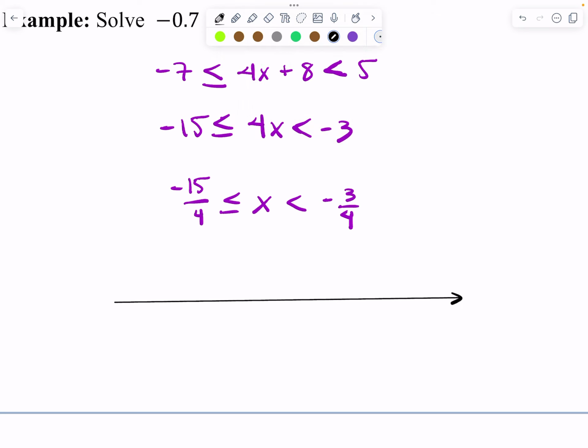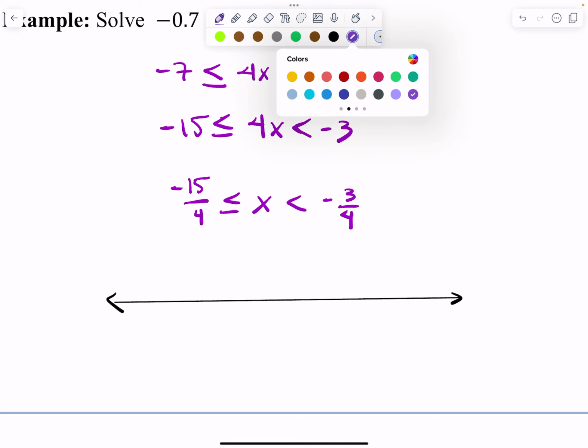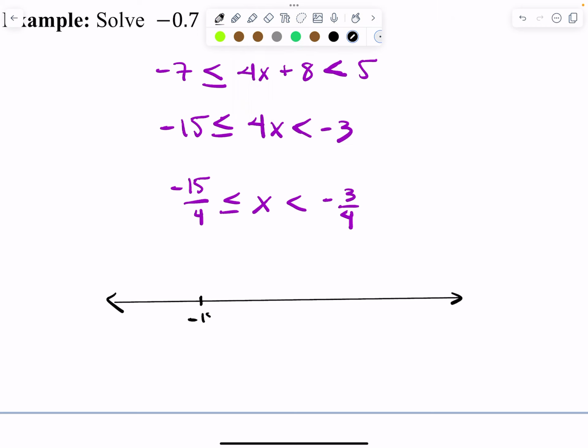Okay, so to draw our number line, negative 15 fourths would be negative 3 3/4. Let's say that this is 0, and then negative 3/4 would be a lot closer.